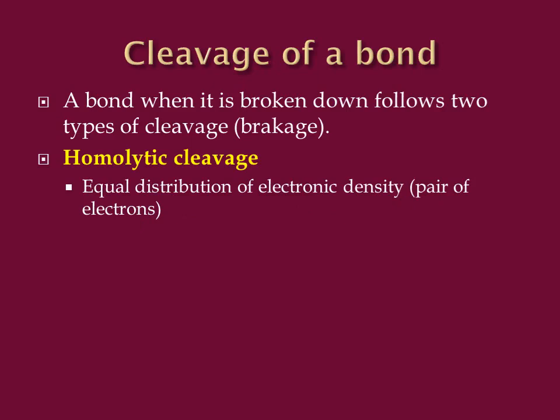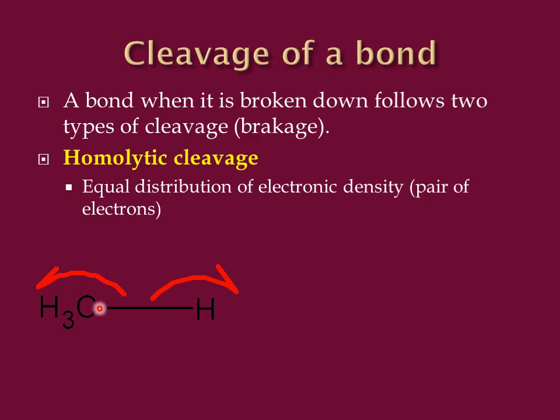For example, look at the cleavage of methane, in which I am going to show the breakage of this CH bond. As you can see, this is a half arrow. This bond represents two electrons. When this bond is broken down, each electron will be taken up by the individual parts. One electron will go towards hydrogen and the other electron will go towards the methyl group.